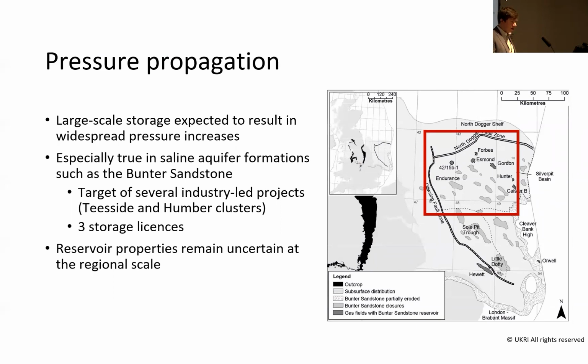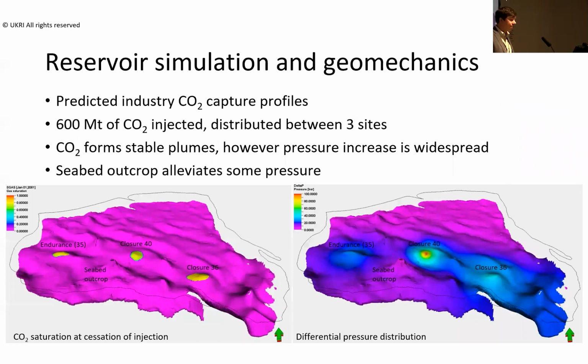Whilst storage operators can probably tell us an awful lot about the reservoir properties at their individual storage sites, I think it's fair to say that taking a regional view, reservoir properties still remain rather uncertain for this potential storage reservoir. So here I'm showing some results from some regional reservoir simulation studies.